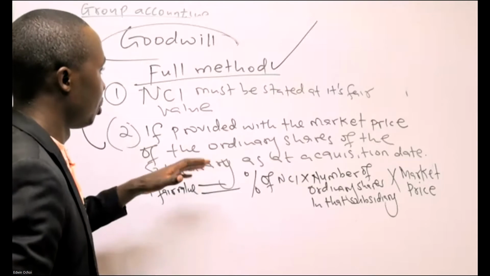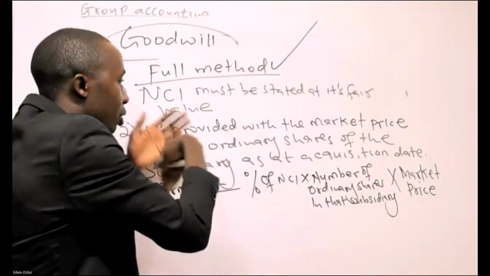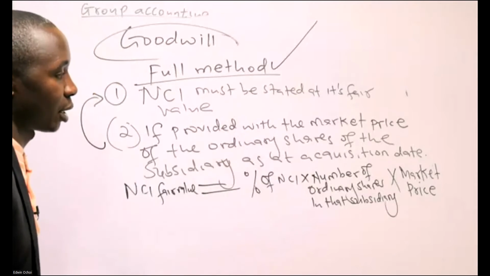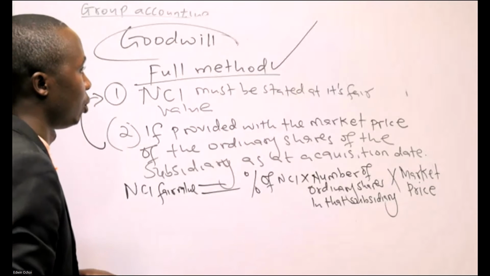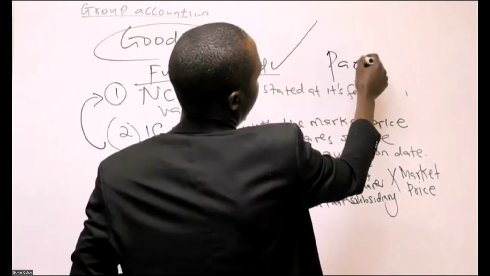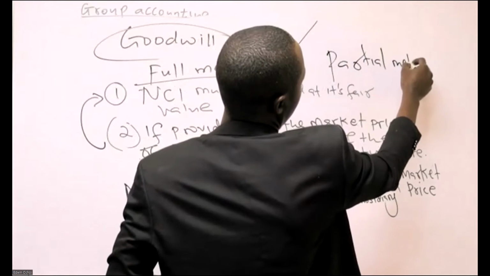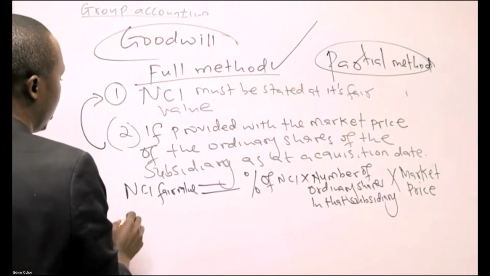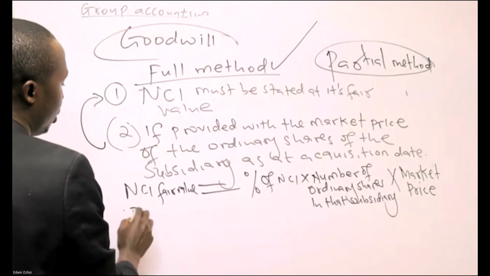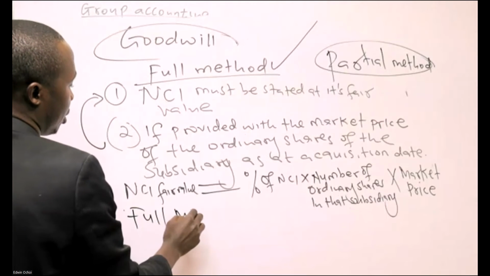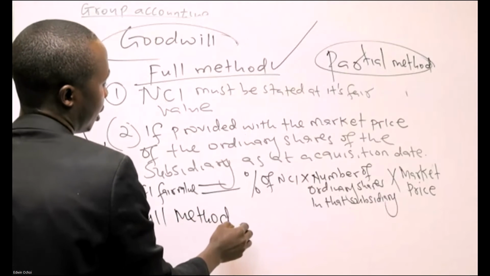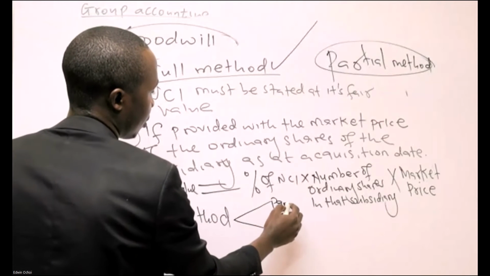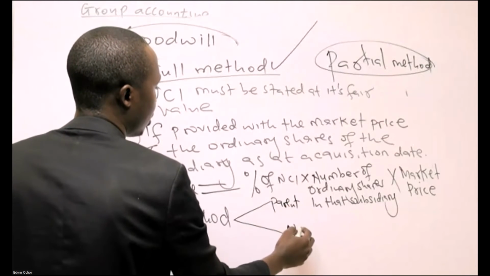That takes me to the partial method. If this information I've written here is not present, you go for partial. When using the full method, the goodwill you get is attributable to the parent and to the non-controlling interest.